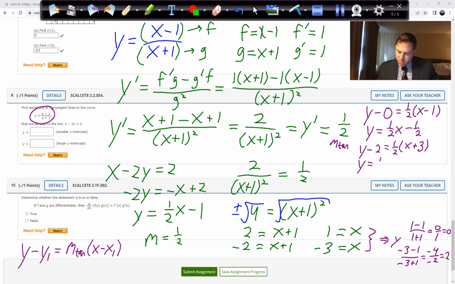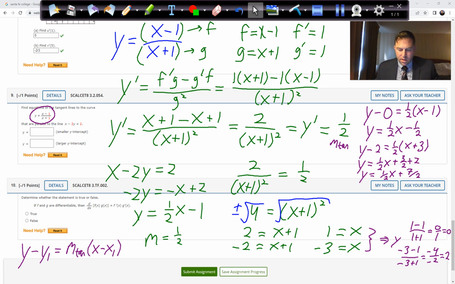This will be 1/2 x plus 3/2 plus 2. This is going to be 1/2 x plus 7/2. Okay, so those are the two equations, and we just have to plug in 2 is really 4/2 plus 3 would be 7 over 2.